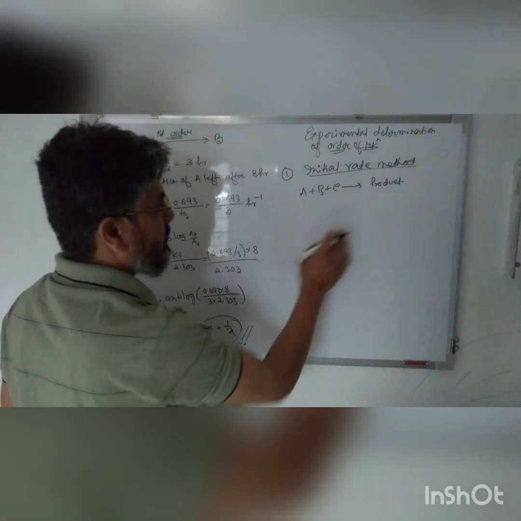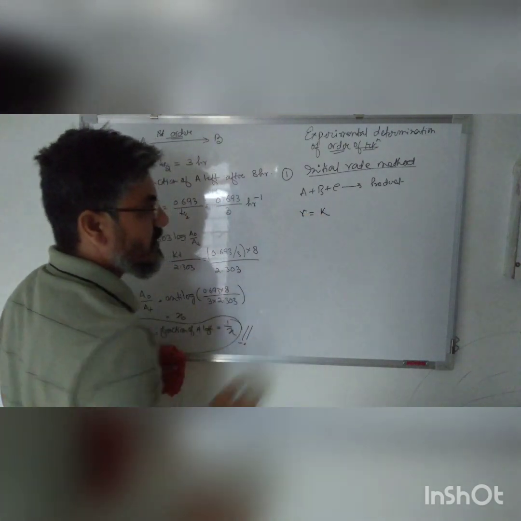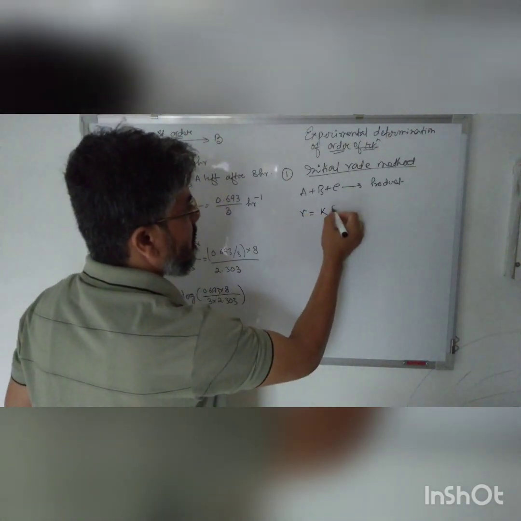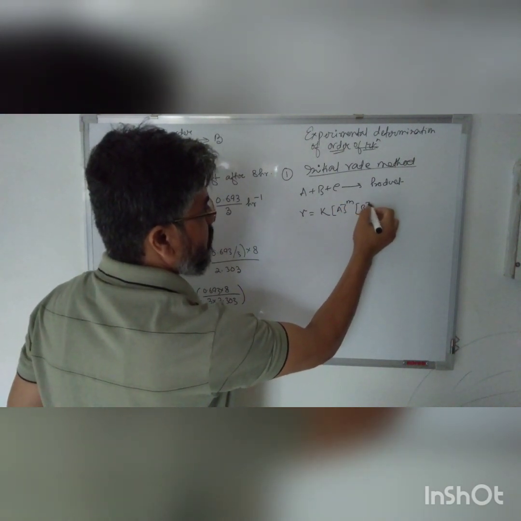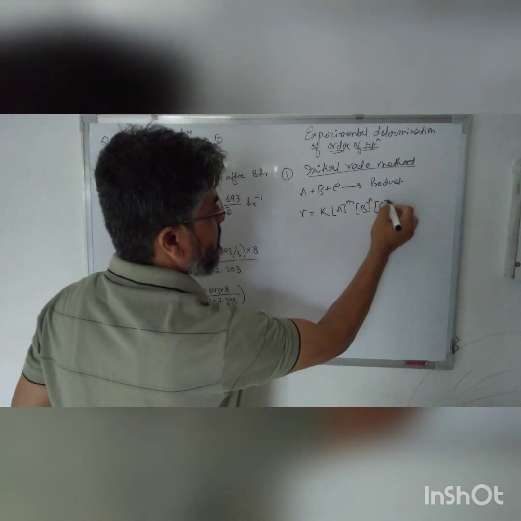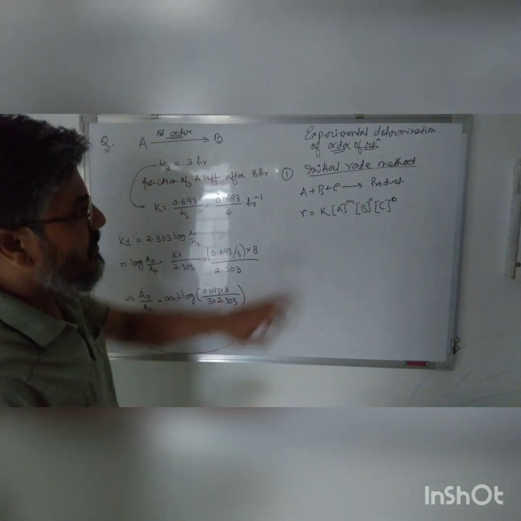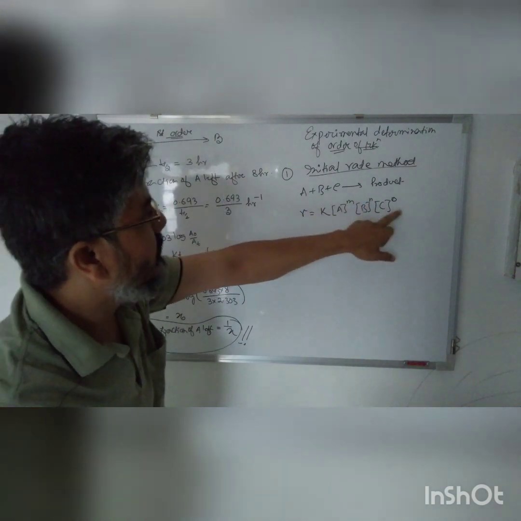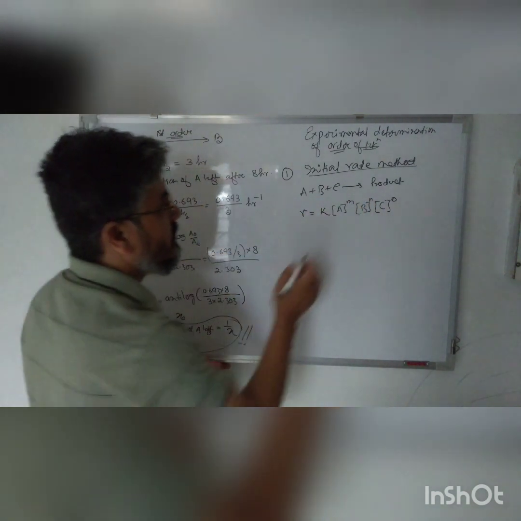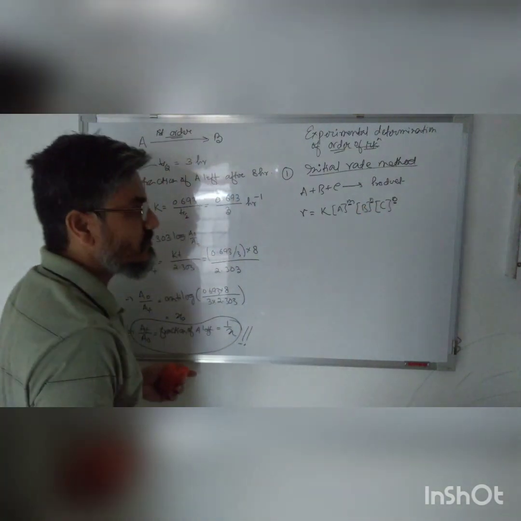Suppose we have a reaction A plus B plus C gives product, and the experimental rate law for this reaction is rate equal to some constant K, which is known as a rate constant, A raised to the power m, B raised to the power n, C raised to the power o, where m is the order with respect to A, n with respect to B, o with respect to C. So we have to find the values of m, n and o.